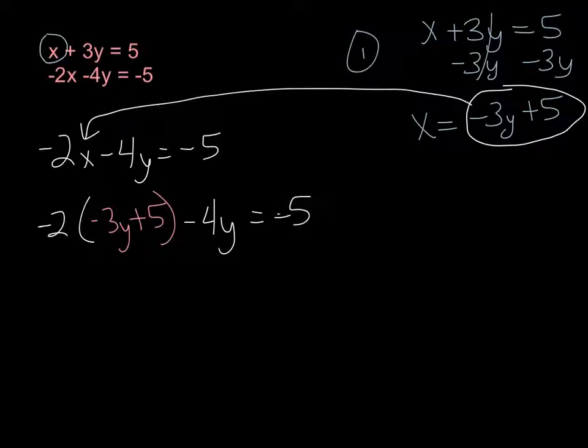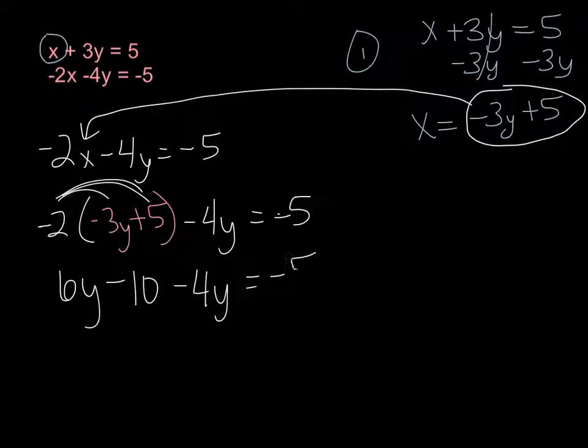And now I have an equation that just involves y. And that's helpful to me so that I can solve. So negative 2 times negative 3 as I distribute is 6y. And negative 2 times 5 is negative 10. Carry everything else down.